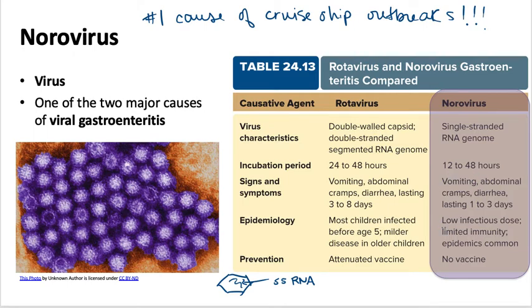It has a very low infectious dose, which is why outbreaks can be very common, especially where everyone's in closed quarters like a cruise ship, and just a small number of that virus can make somebody else sick. There's also no vaccine, yet another reason for epidemics being common.